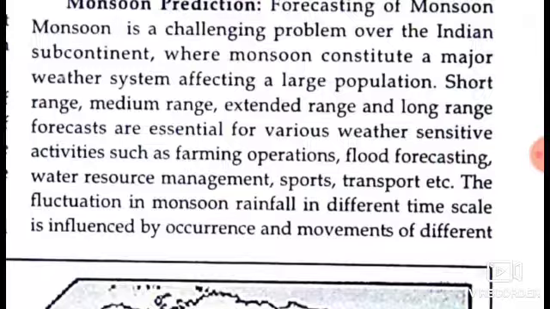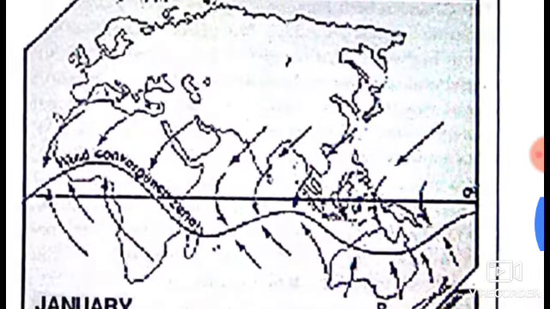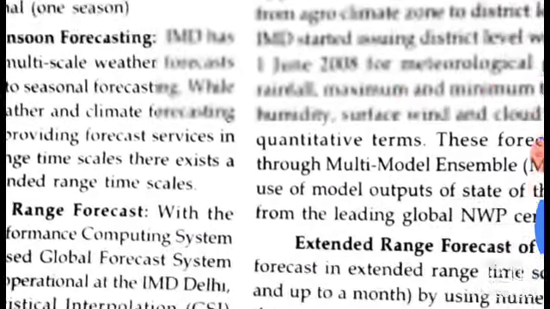The fluctuation in monsoon rainfall in different time scales is influenced by the occurrence and movement of different weather systems.